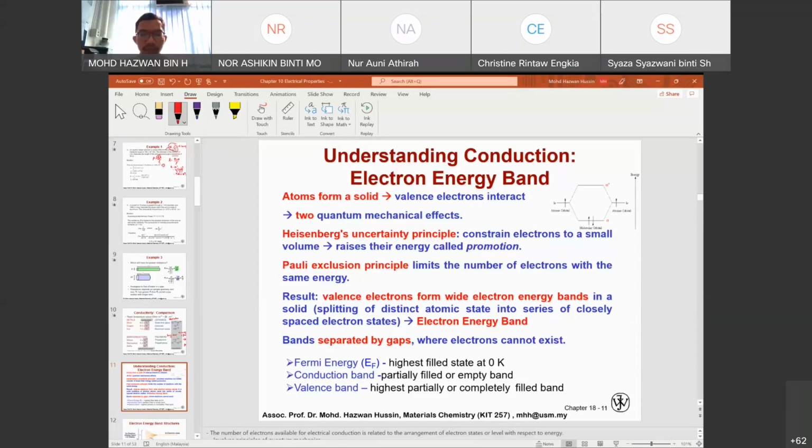Okay, right. So this could be considered one of the important parts in electrical properties, explaining the electron energy band. How actually one material can give conduction. As I said, it is due to the movement of electrons.